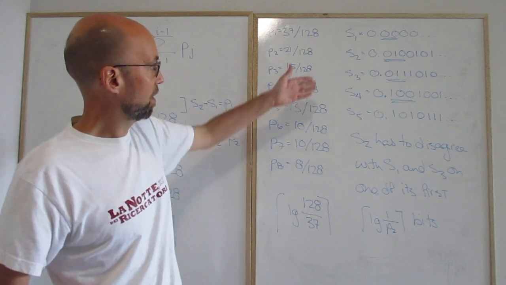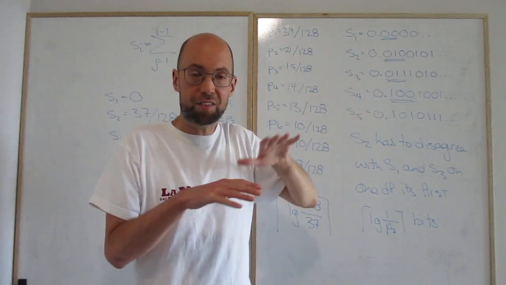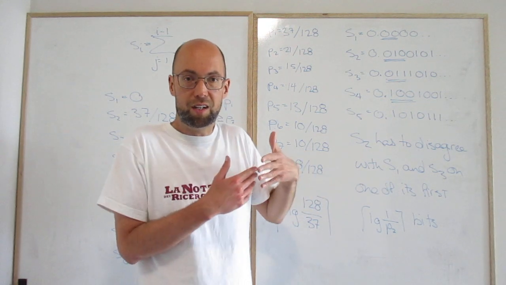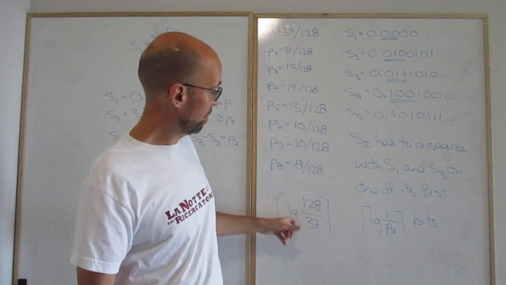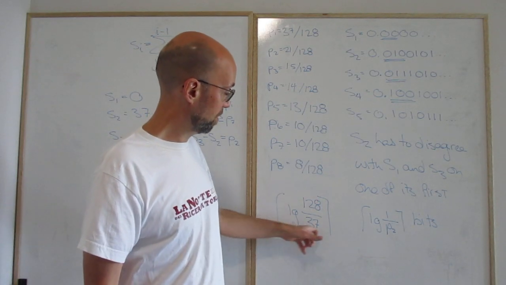And so that's going to tell us that it can't agree with these on too many of its bits, and in particular, it has to disagree on one of the first this many bits.